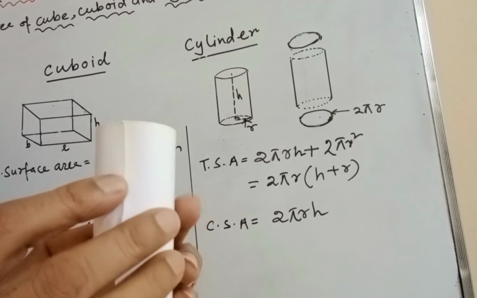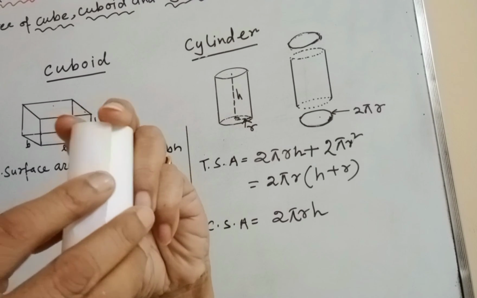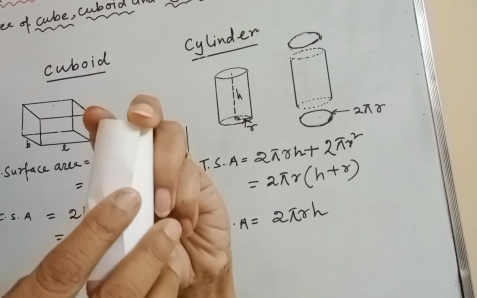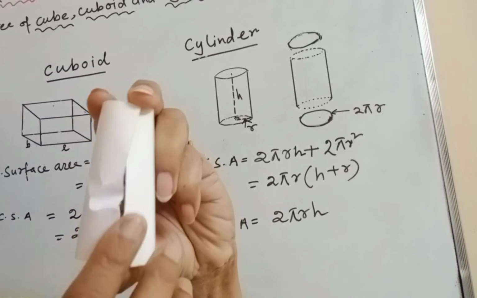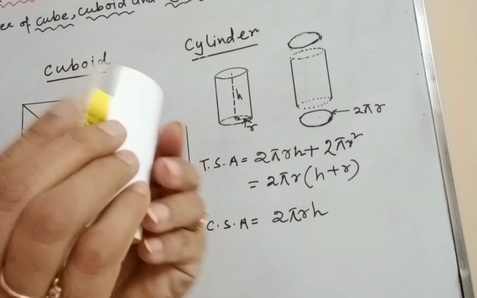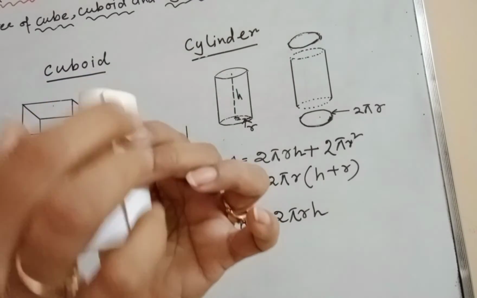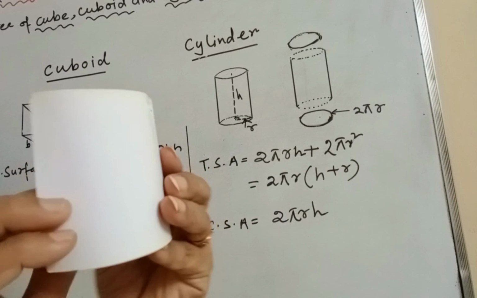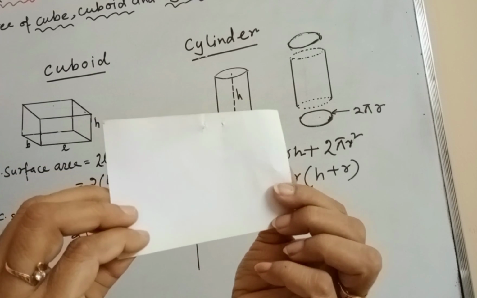And another concept I am giving here, afterwards you will get this kind of sum also. If I cut this cylinder along its height, we can get a rectangular portion. Understood?